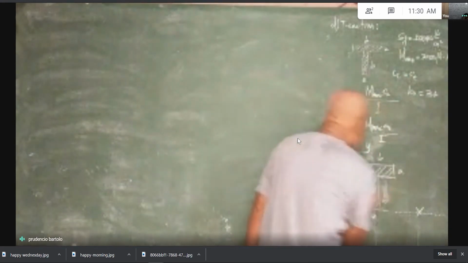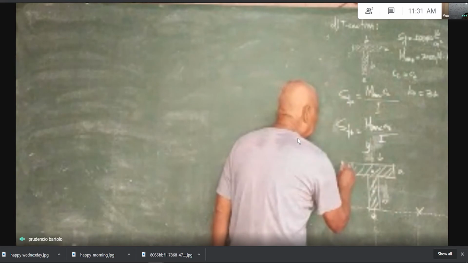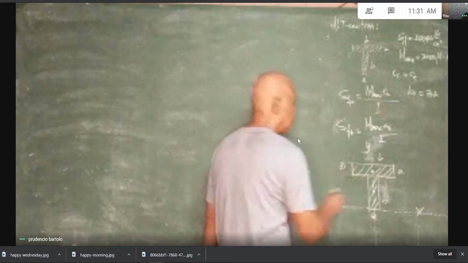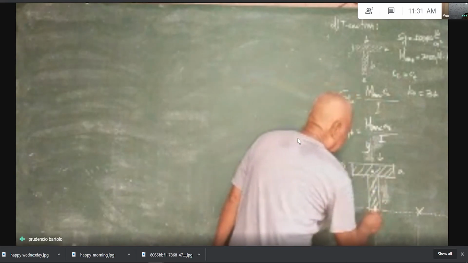If we take this upper rectangle here as figure number 1 and the lower rectangle here as figure number 2, the centroid of figure number 1 is at the midsection.